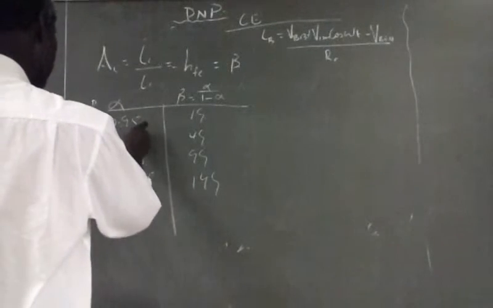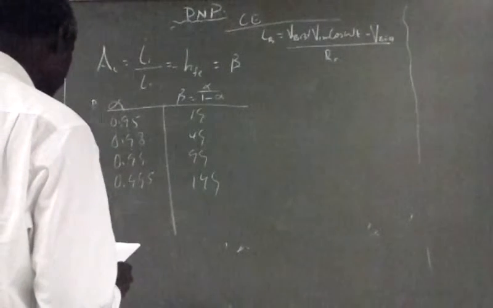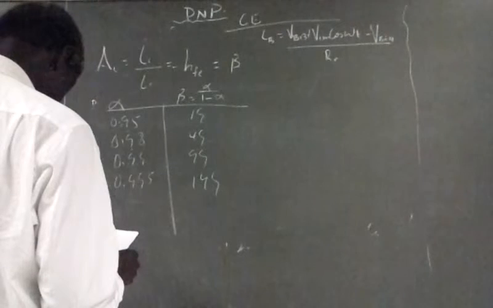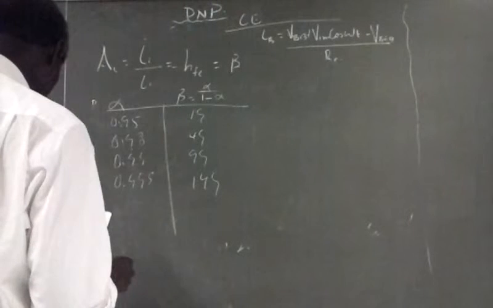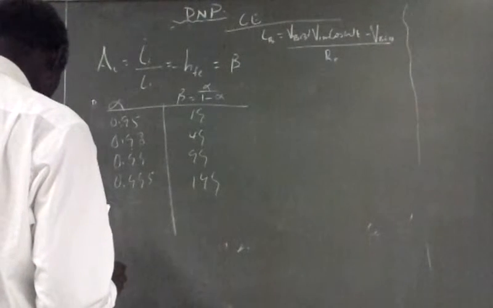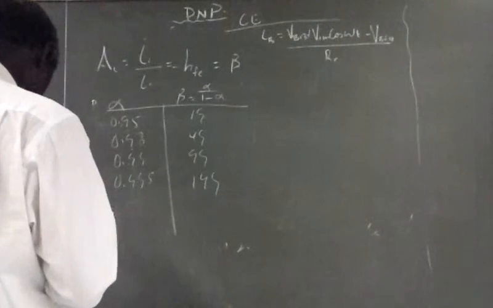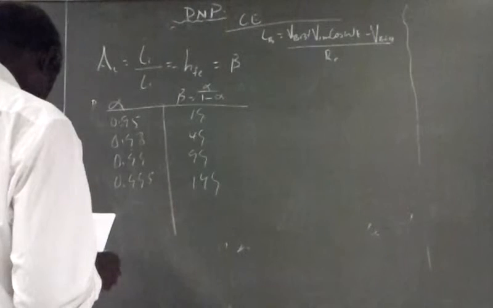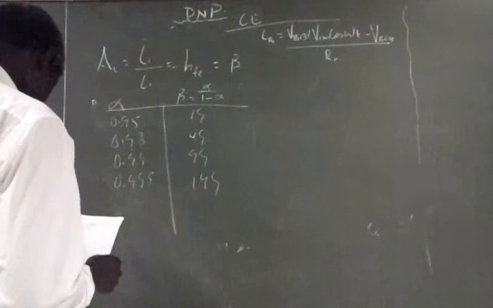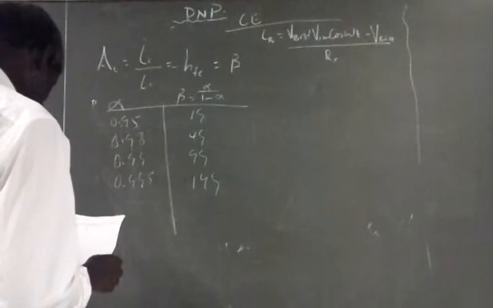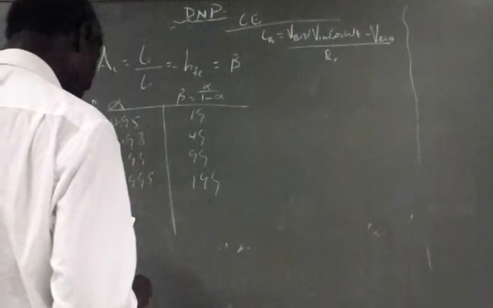Going from 0.95 to 0.98 is an interval of 0.03, from 0.98 to 0.99 is a 0.01 interval, and to 0.995 is a 0.005 difference.